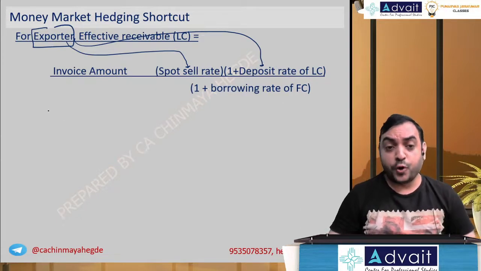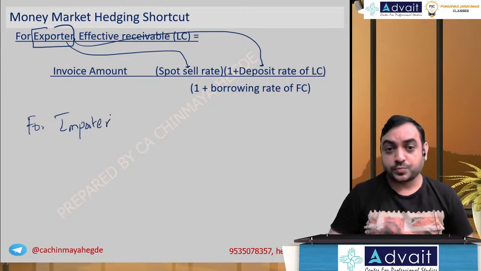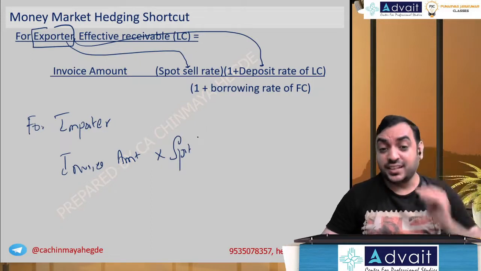Let me write for the importer now. If it is a problem on an importer, what will he do? Invoice amount, that is same, into spot. Importer is a buyer.